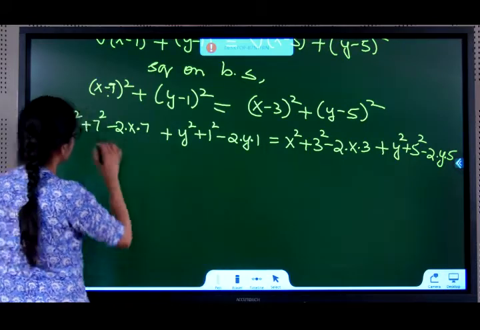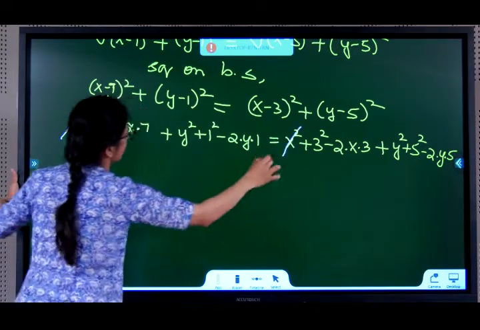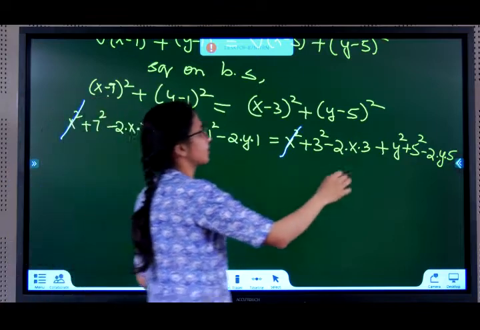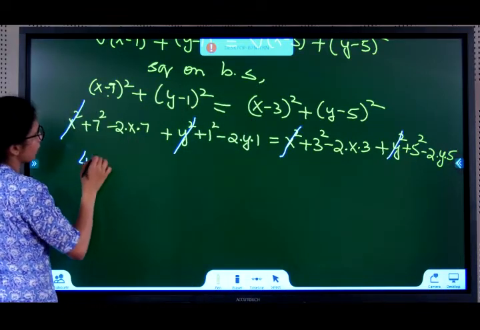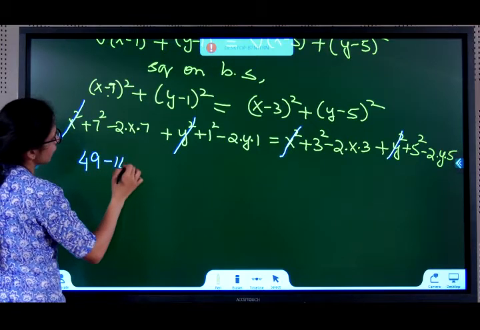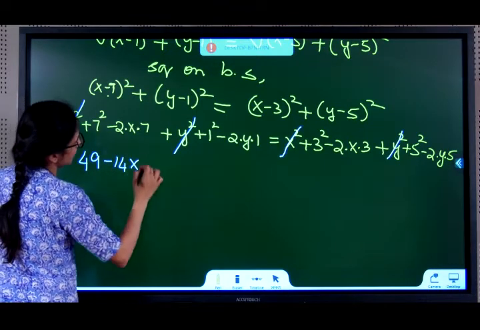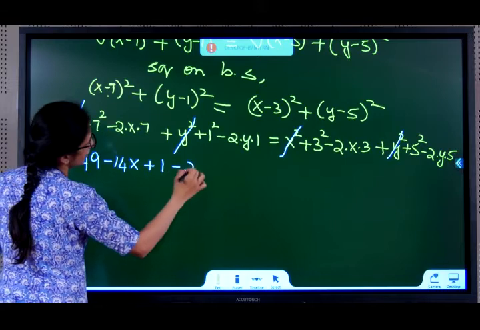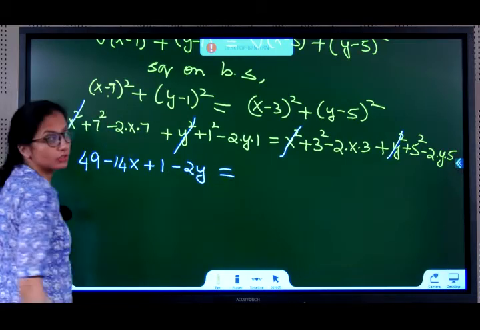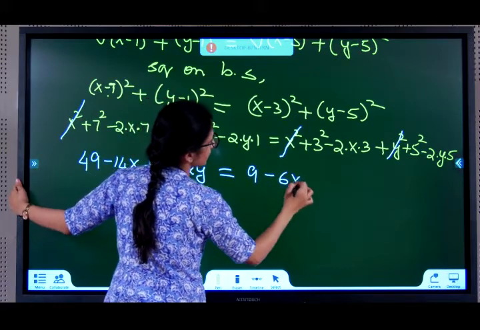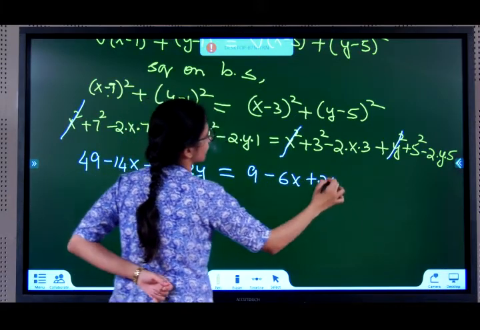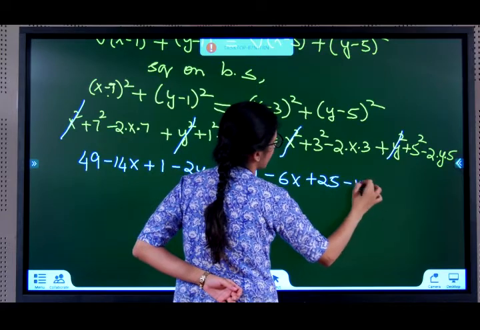Whatever you can cancel, cancel. X square cancels. Y square also cancels. So now what happens? 7 square 49 minus 14x plus 1 minus 2y is equal to 3 square 9 minus 6x plus 25 minus 10y.